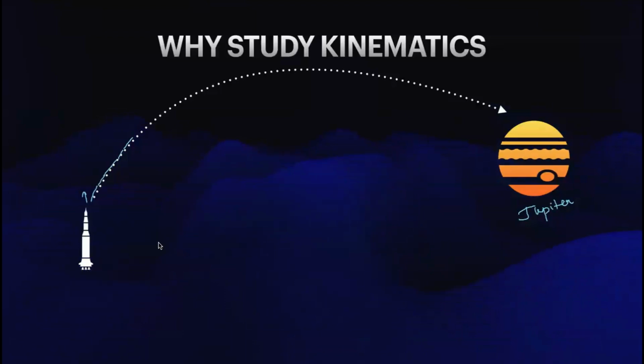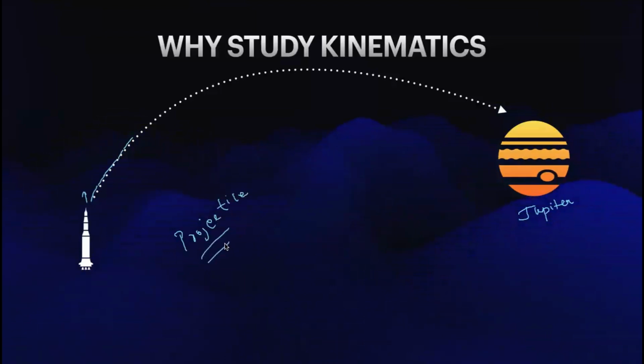That you are going to be learning with the basics of kinematics, and more precisely you are going to be learning that in something called projectile motion. Okay, in projectile motion you're going to be learning all these concepts.